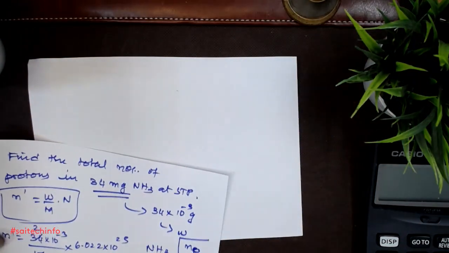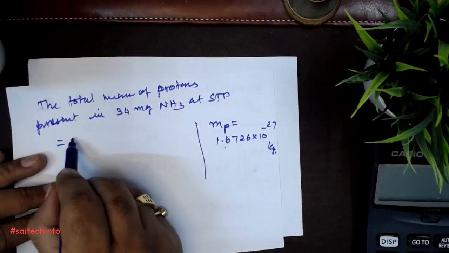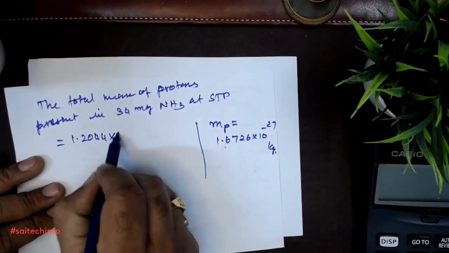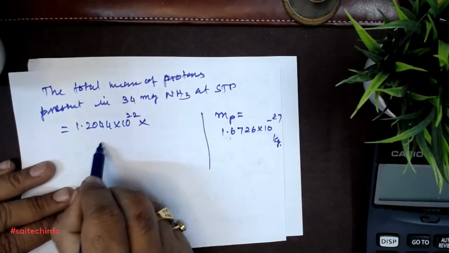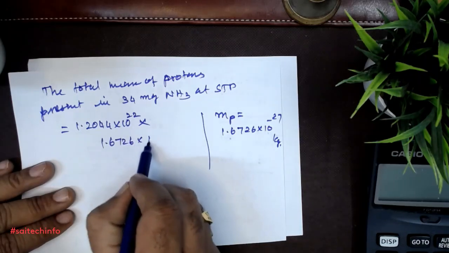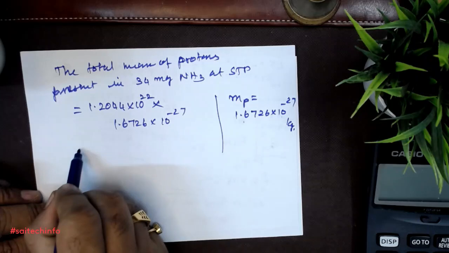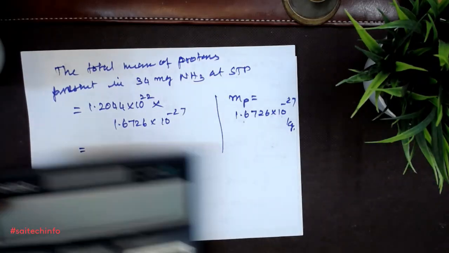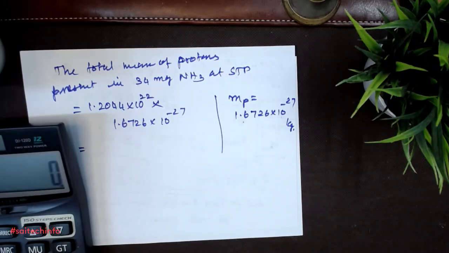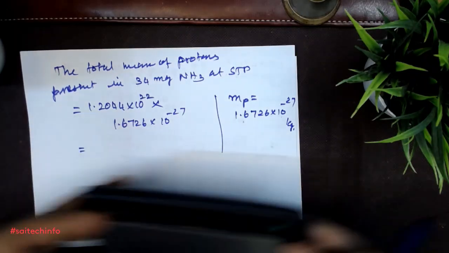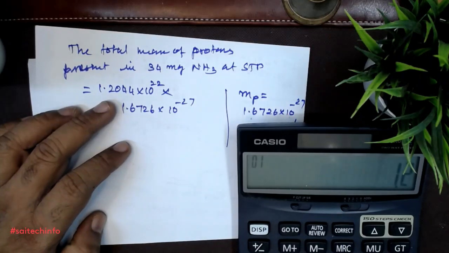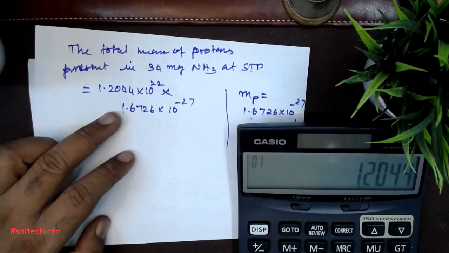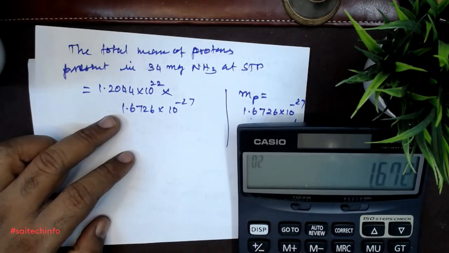So we have already got 1.2044 into 10 power 22 number of protons, into 1.6726 into 10 power minus 27 kg. So that is equal to 1.2044 into 1.6726.